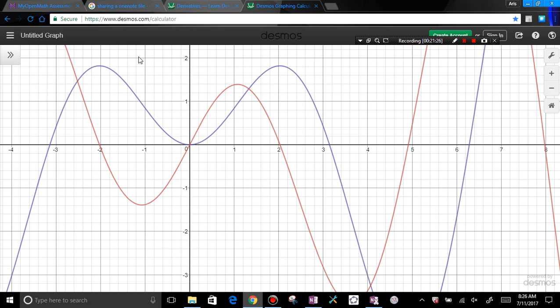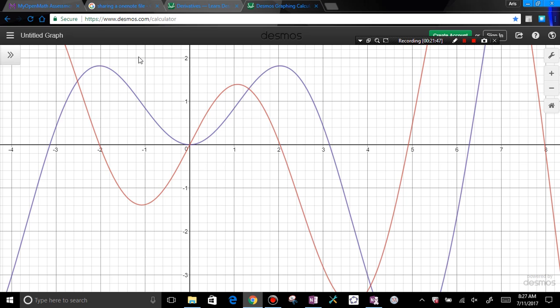I think the red graph is f, and the blue graph is the derivative. Is that what you're saying? It says the blue graph is the original. Oh, the blue graph is the original. Okay, I'm sorry. Because?